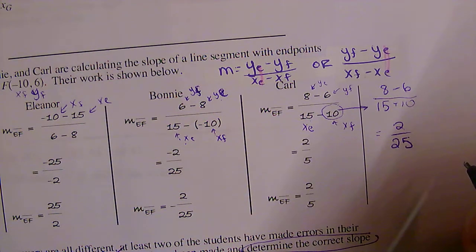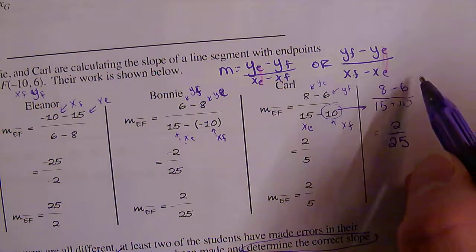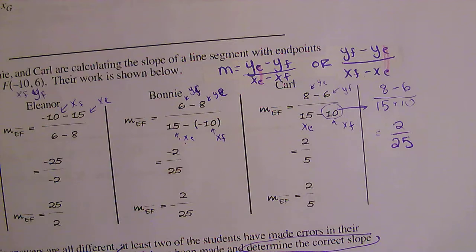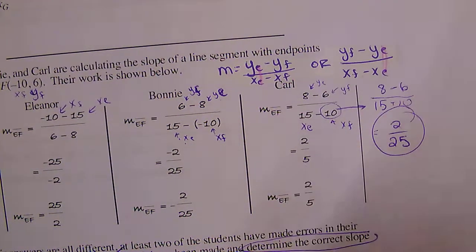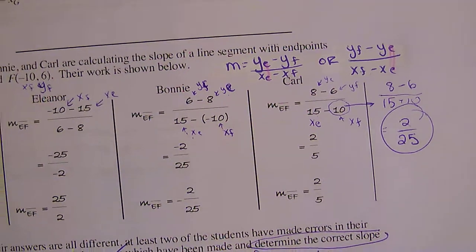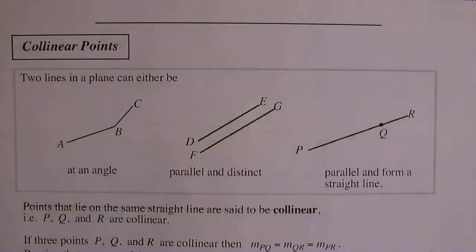So that's 2 over 25. Right, so that's that one. Then we just have one more page to look at.